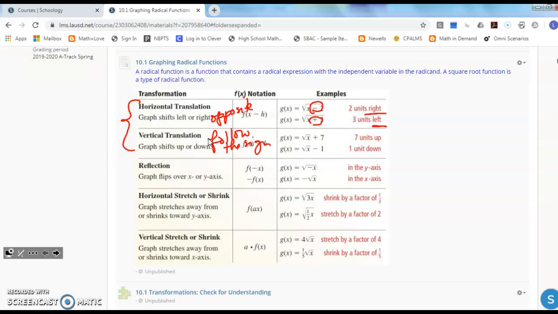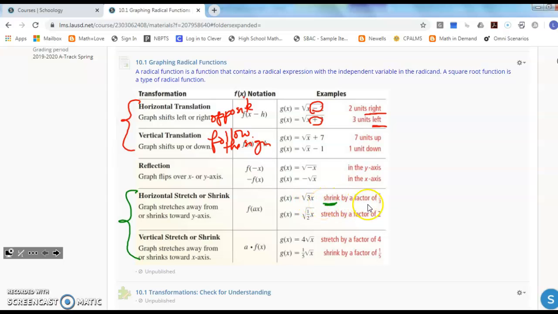Now, the same is true for horizontal stretch or shrink. Horizontal stretch or shrink is again about constants that are being multiplied to the variable inside the radical symbol. And just like what we did here, the effect is quite the opposite. So, for example, if this is the square root of 3 times x, even if this constant is bigger than 1, you're shrinking it.